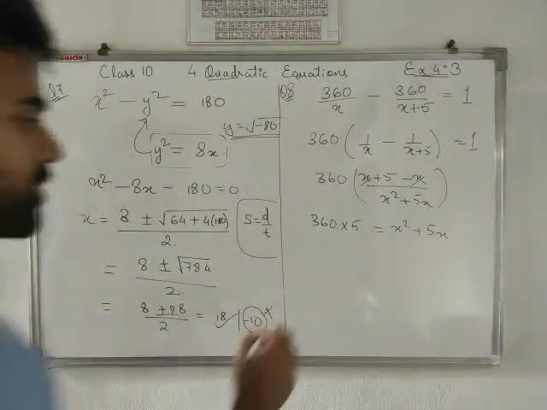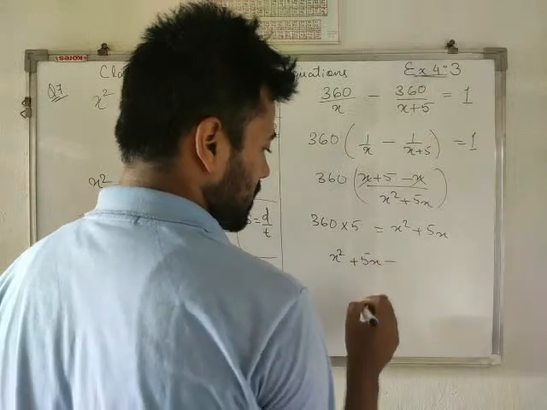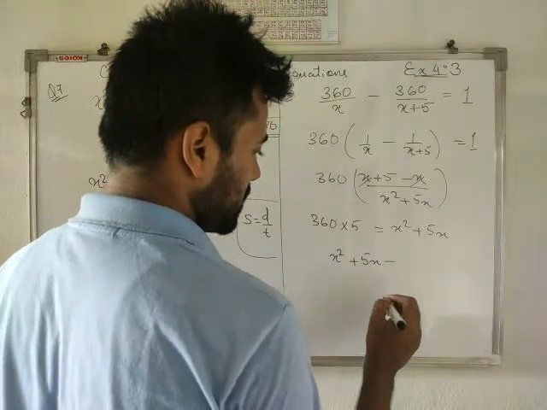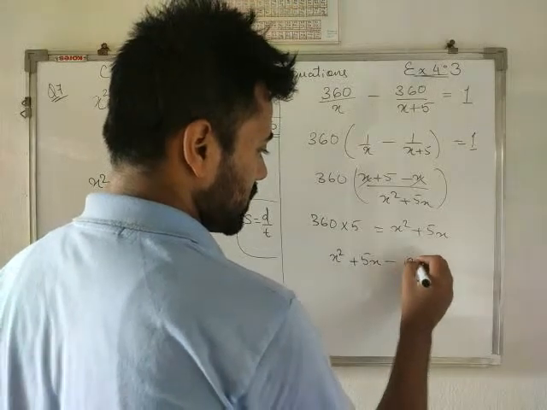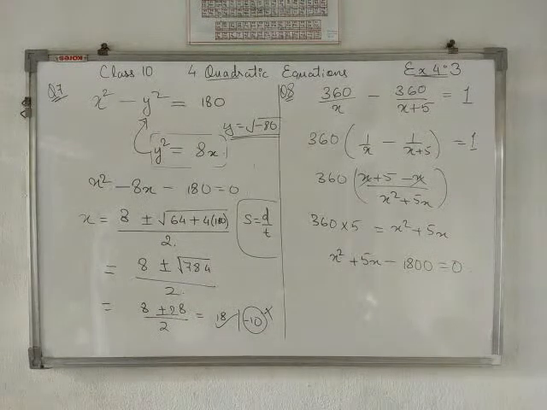So this is the equation we have obtained. 1800. Please comment, students. Understood or not? Do I need to explain it again?